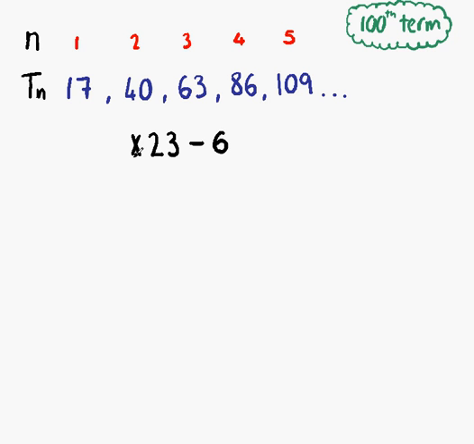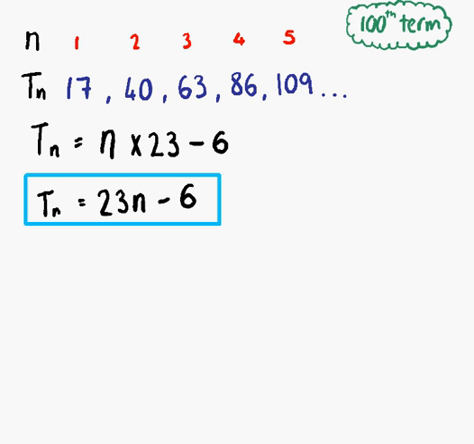What is it we're multiplying by 23? Well, it's the term numbers represented by n. And what is it we're trying to figure out? Well, it's the terms themselves, Tn. So Tn equals n times 23 minus 6. So in other words, Tn equals 23n minus 6.